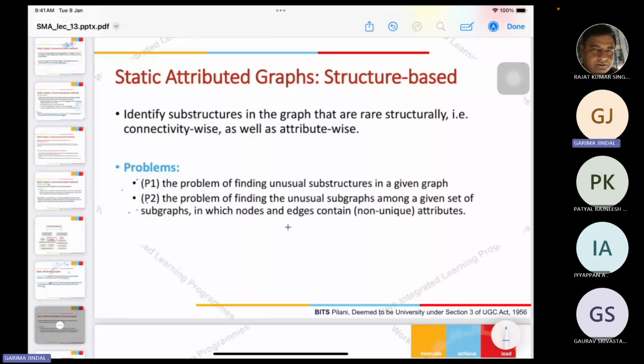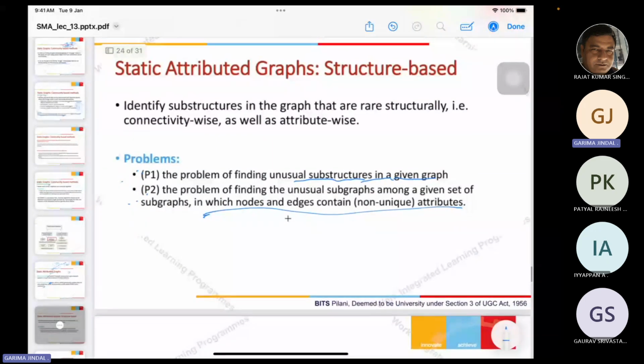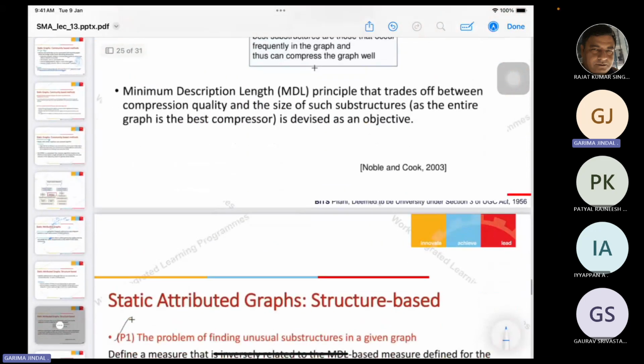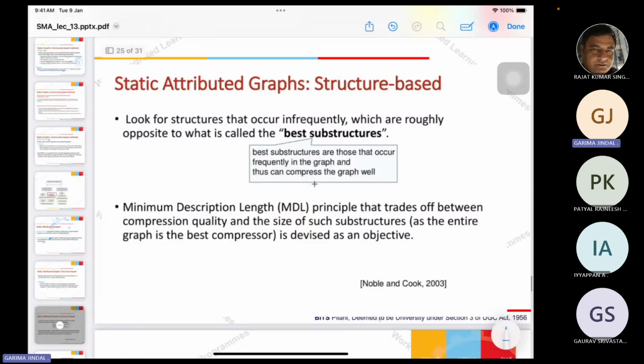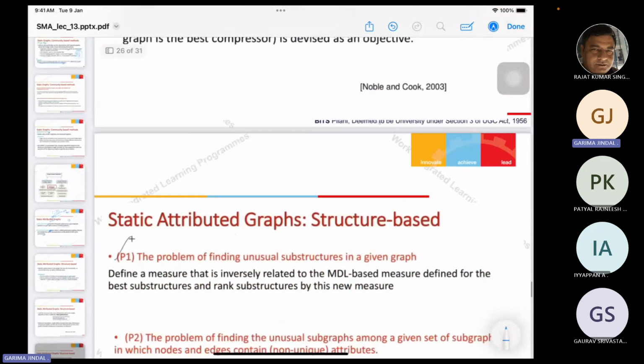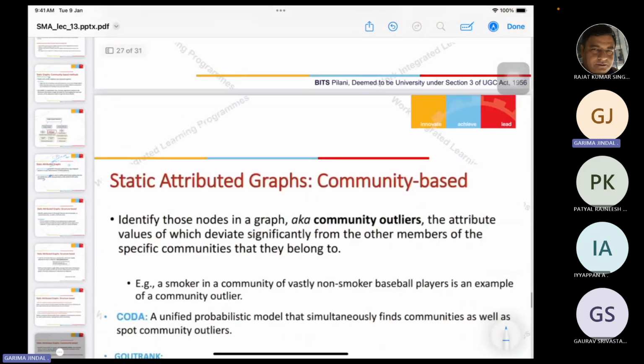The first is finding the unusual substructure in the given graph. The second is finding the unusual substructure among a given set of subgraphs in which the node and edge attributes are unique or non-unique, in which the attributes are different. These are the two problems you need to consider when identifying anomalies in attribute-based graphs.